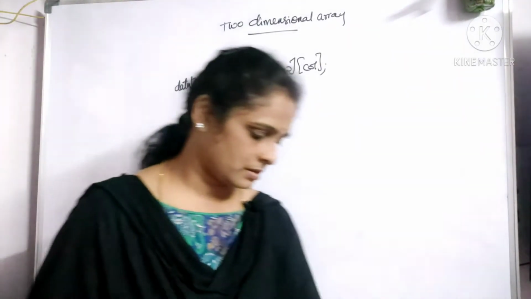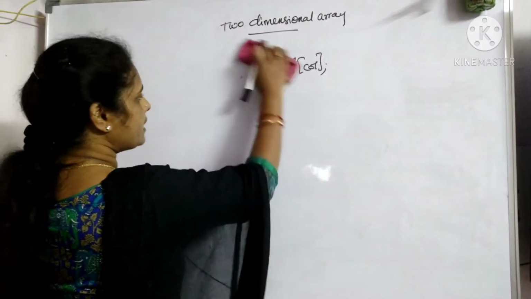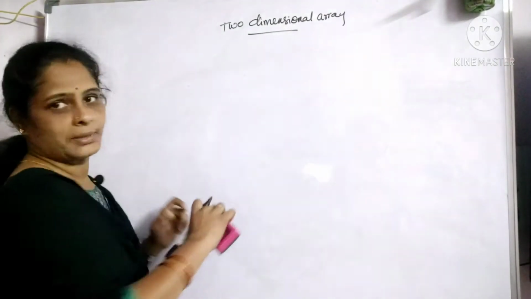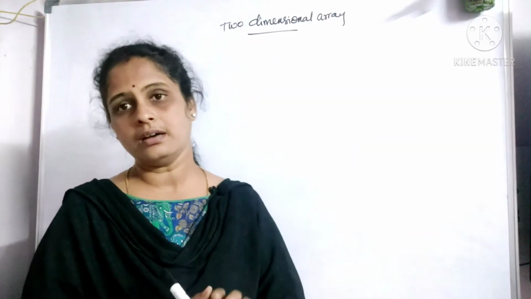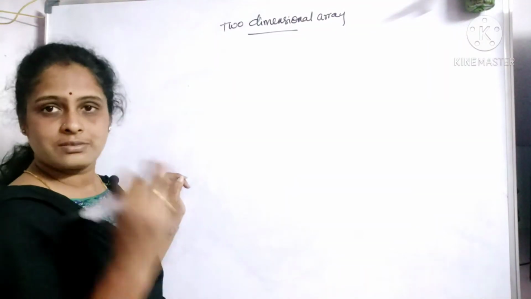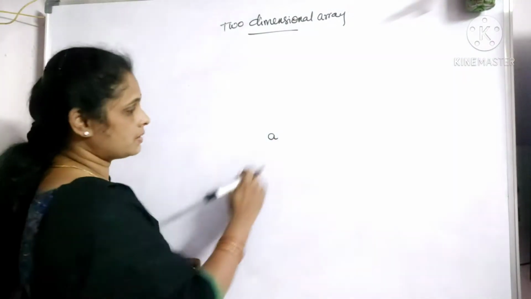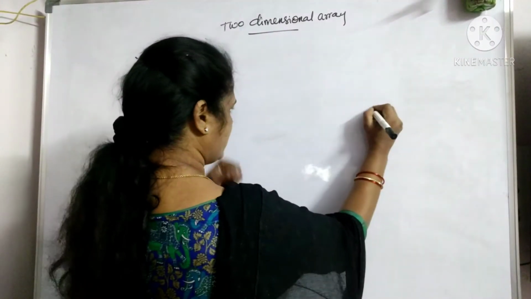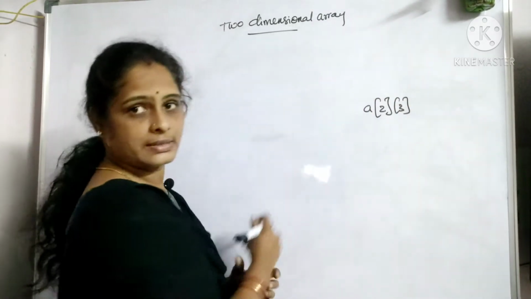Now in this session we'll see an example program where I take two two-dimensional arrays and add them to get the output. Here I want to take a 2 cross 3 matrix, so let us take A as a matrix with 2 rows and 3 columns.